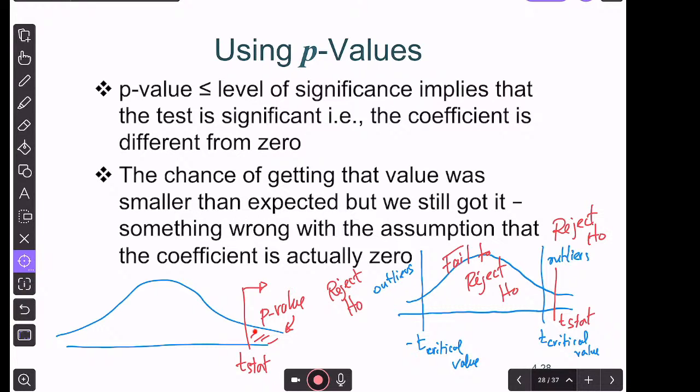So this should be small, right? Because I'm out in the tail. I need to be past this critical value that says it's an outlier. Outliers are out here, so this should be small. In other words, it should be small to reject H naught. What does that mean?